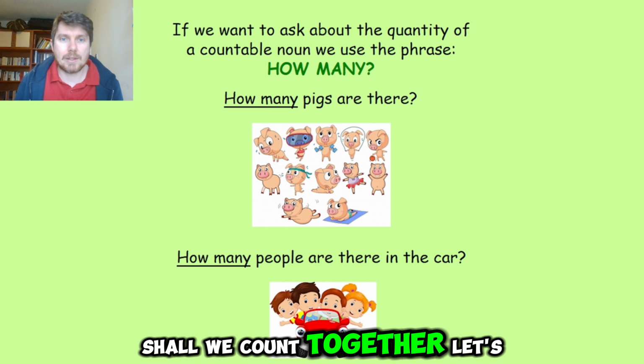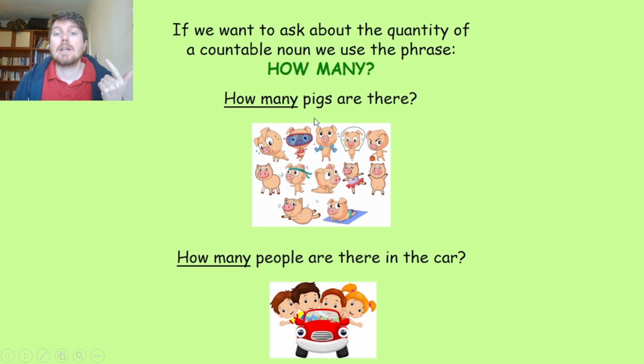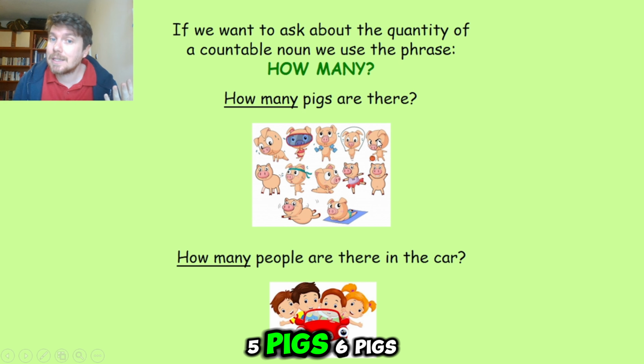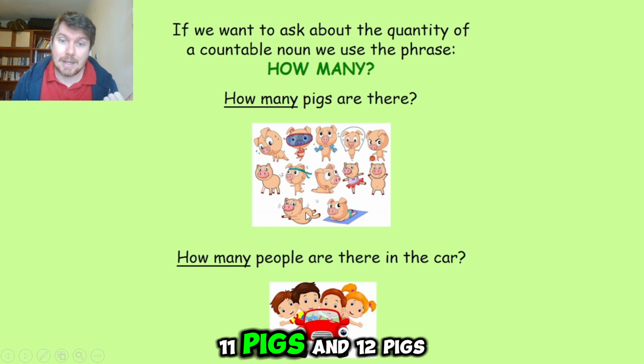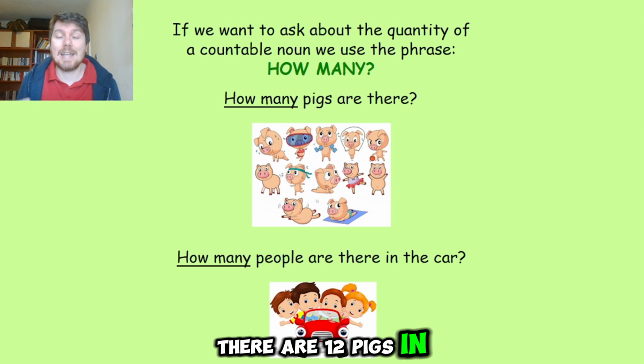Shall we count together? Let's have a look. 1 pig, 2 pigs, 3 pigs, 4 pigs, 5 pigs, 6 pigs, 7 pigs, 8 pigs, 9 pigs, 10 pigs, 11 pigs, and 12 pigs. There are 12 pigs in the picture.